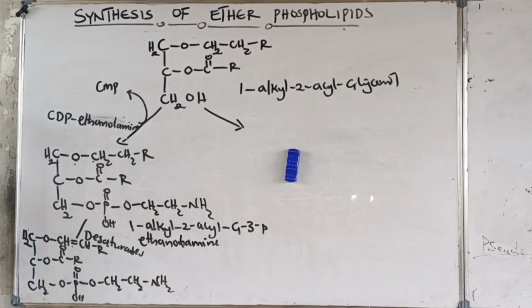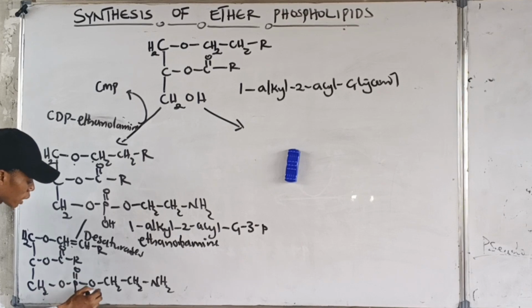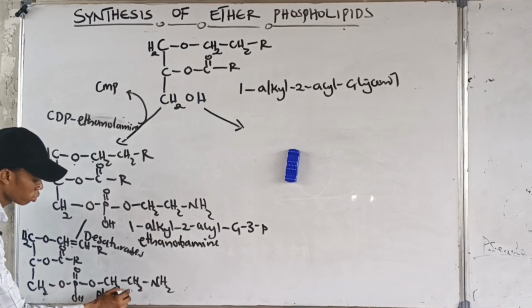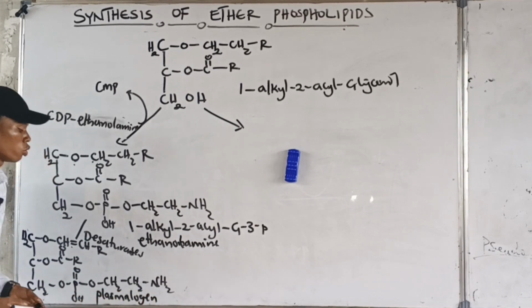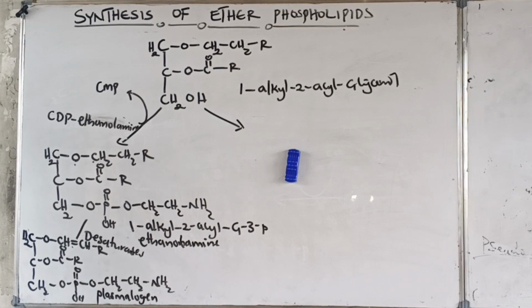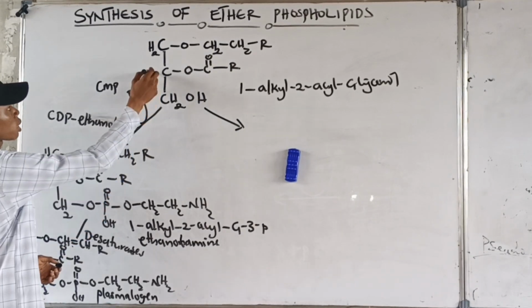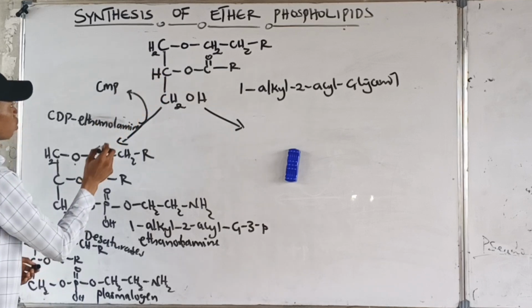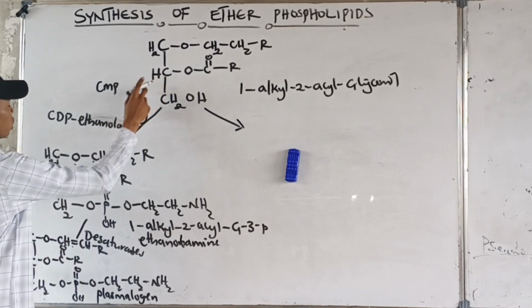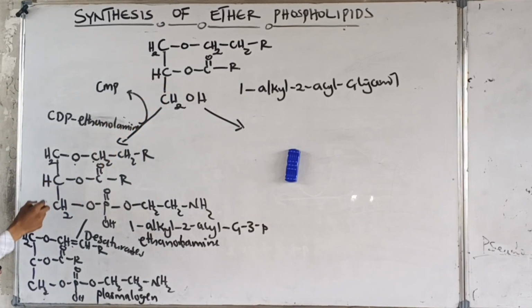This structure we have on the board here is what we call our plasmalogen. Alright, please take note, I was omitting my hydrogen here, so please fill it up. So this structure is our plasmalogen.